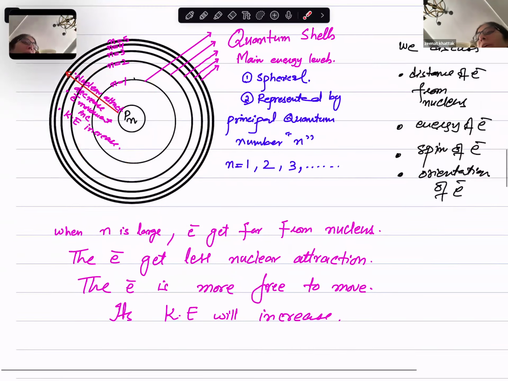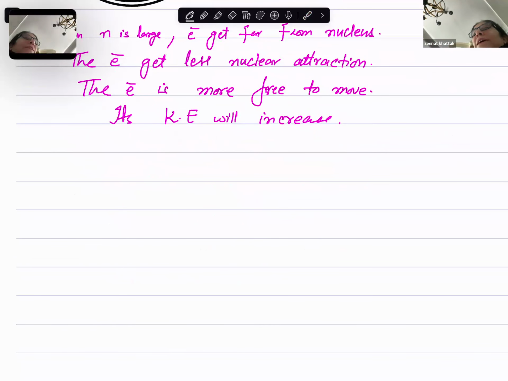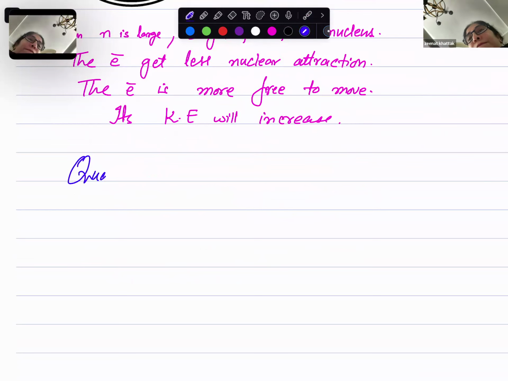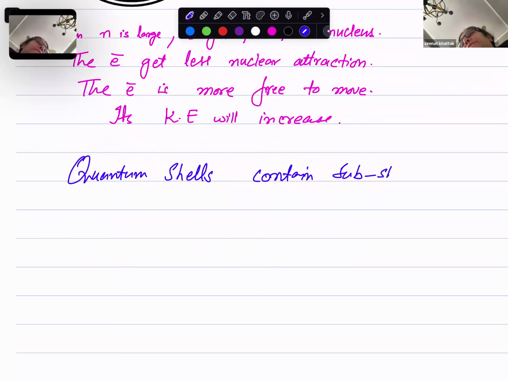Next point. The quantum shells contain subshells.